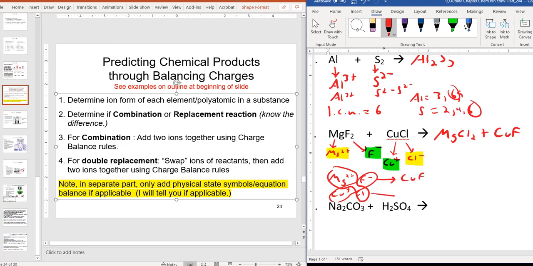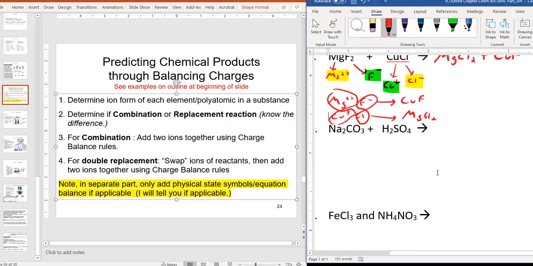So copper fluoride, magnesium chloride. All right, let's go ahead and do the next one.